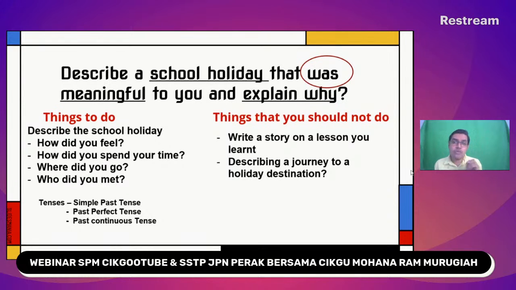Describe a school holiday that was meaningful, meaning to say the entire school holiday should be written in the past. And when you write the entire holiday in the past, you have to use simple past tense, past perfect tense, past continuous tense, and anything that is related to the past. Keep this in mind. So remember, when you are describing something, these are the things that you have to keep in mind.